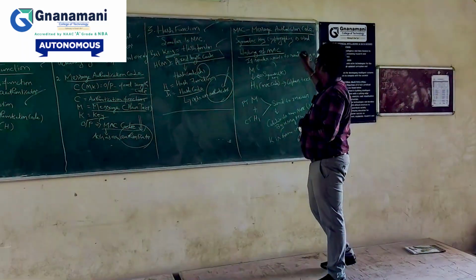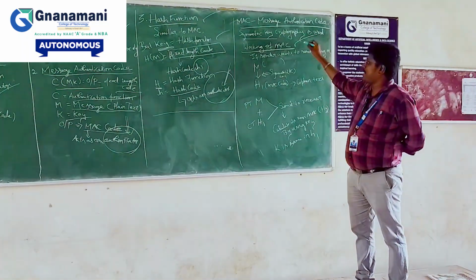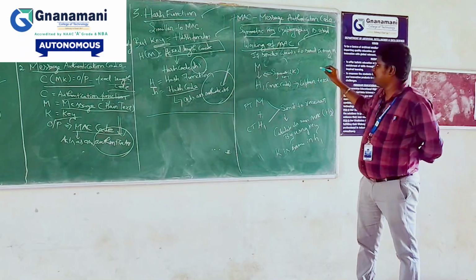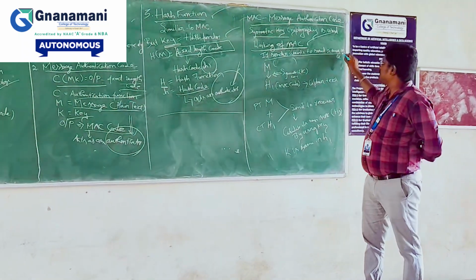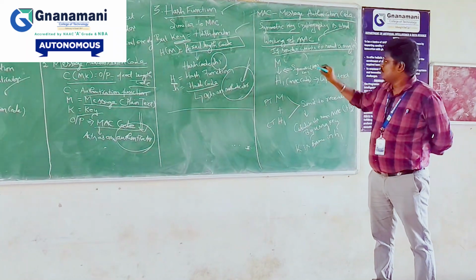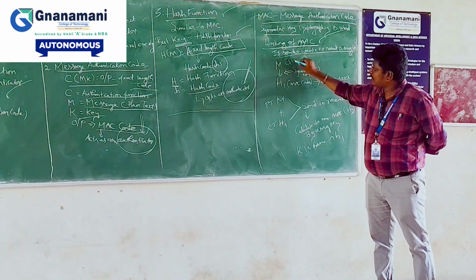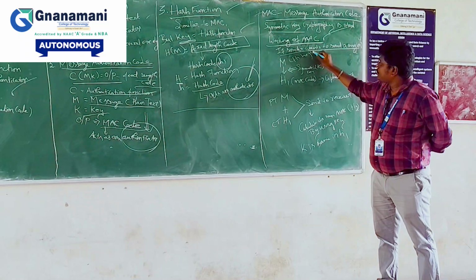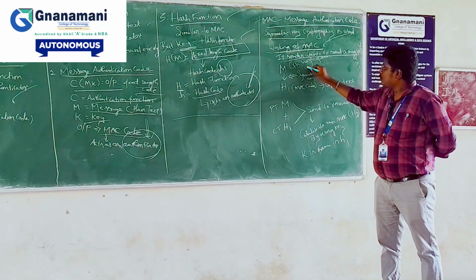Here in the symmetric key setting, we are going to see the working of MAC. If the sender wants to send a message, that is called M. The M is the message here, whatever it is, such as hi, how are you, are you coming tomorrow.